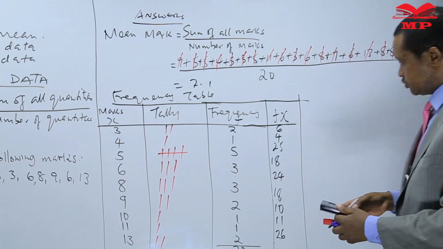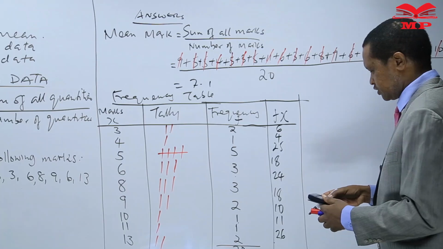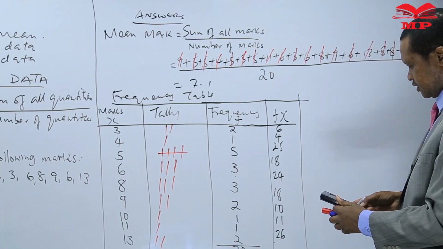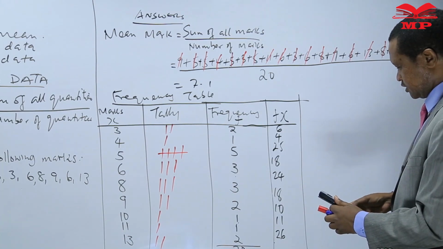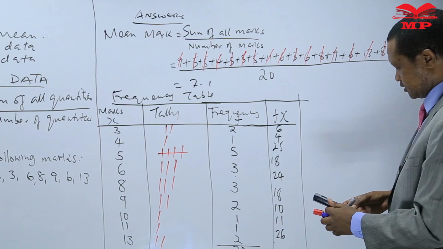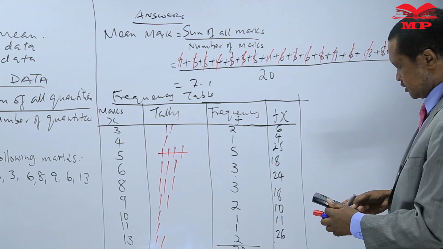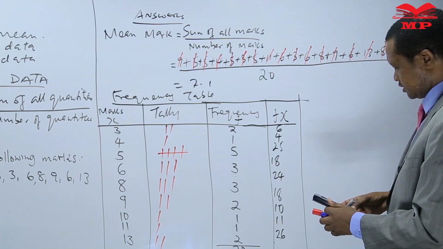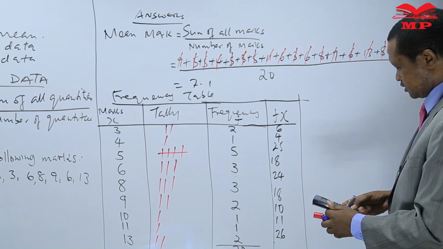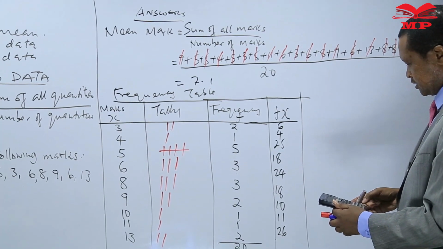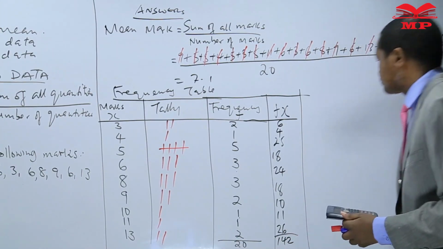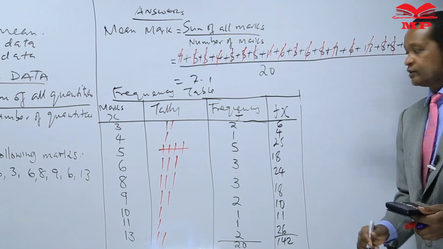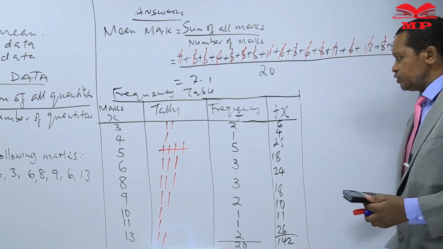Add these products: 6 plus 4 plus 25 plus 18 plus 24 plus 18 plus 10 plus 11 plus 26. So the total is 142. That is the total of Fx.